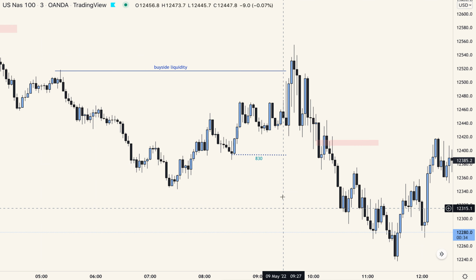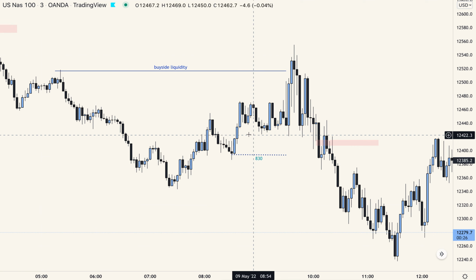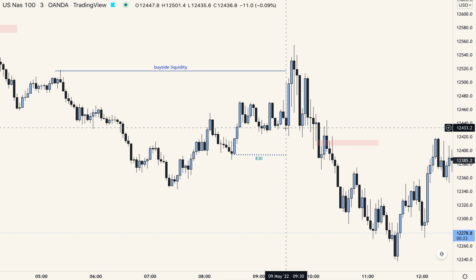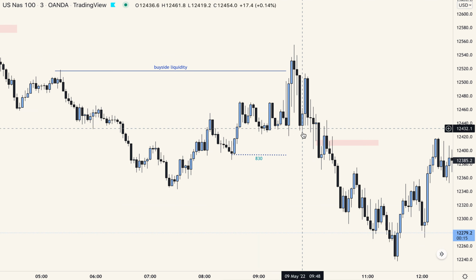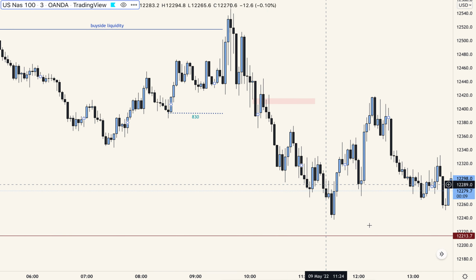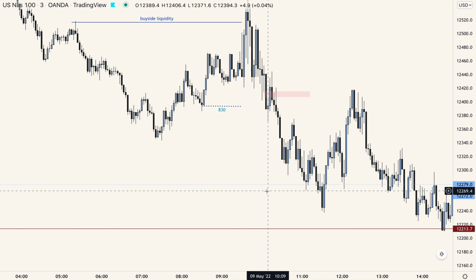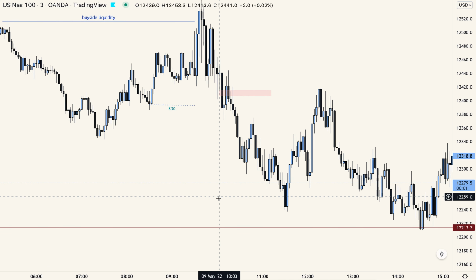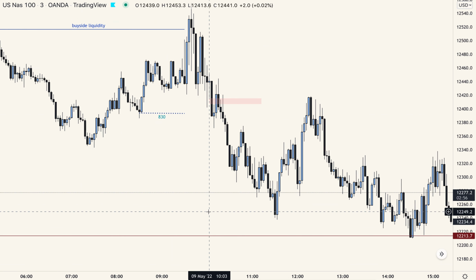So as you can see, this was the actual 9:30 opening for New York session, and you can see, along with 8:30, 9:30, price traded in the opposite direction of the intended move, and hunted liquidity, and then pushed down strongly in the opposite direction, breaking structure, and then eventually traded down into the target that was expected for the day, because there were daily relative equal lows, aka sell side liquidity.